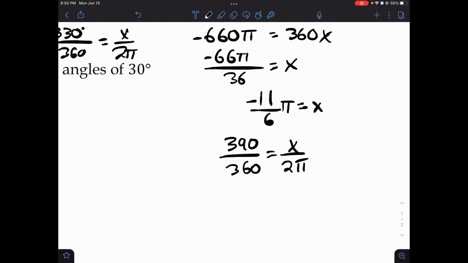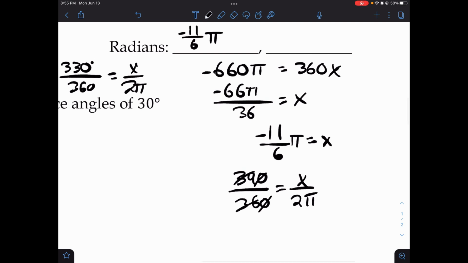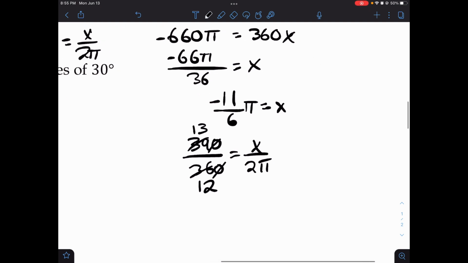Well, we can first do this, and then we can simplify it even further. If we simplify by 3, this will be 13, and this will be 12. Okay. So 13 over 12, meaning 26 pi is equal to 12x.